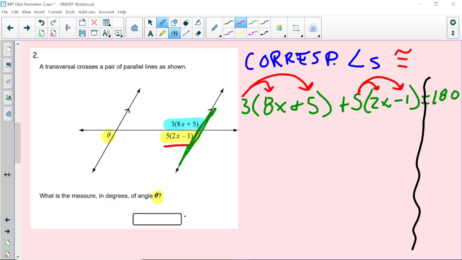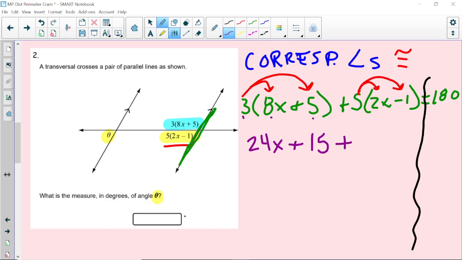So 3 times 8x. I'm looking at the first part here. 3 times 8x is 24x. Let me just quickly redraw that 4. It looks a little weird. So 24x plus, and now 3 times 5 is 15.